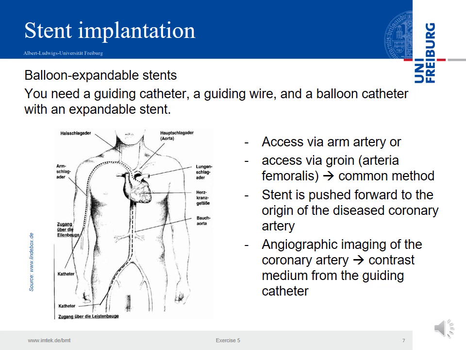And the reason for taking the leg artery is that the curvature of the aorta is better approachable over that leg artery. As you see here from the leg, the curvature is, let's say, less critical than over the arm artery.